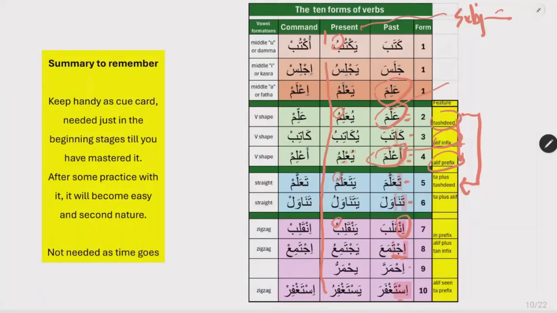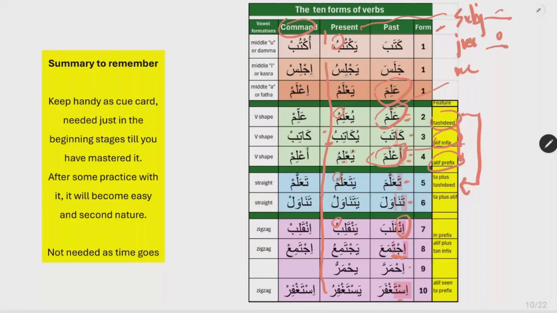If you want to change it to jazm, we said it becomes a sukun. So here it will become tukatib. Let me give you this example. Tukatib in the jazm, or tukatiba will be in the subjunctive of this particular form 3. And then the imperative is the command here.